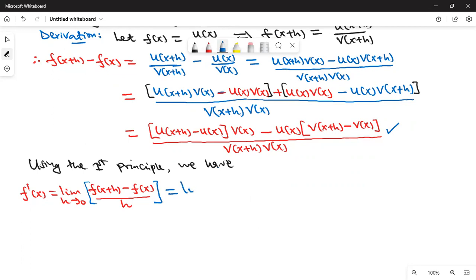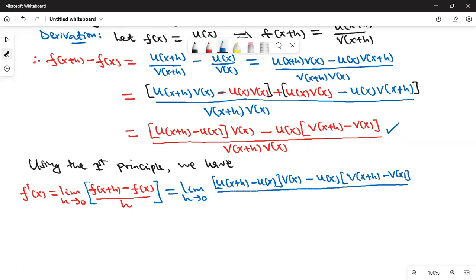So this can be written as the limit as h approaches 0 of u of x plus h minus u of x, times v of x, minus u of x times v of x plus h minus v of x, and the whole of this is divided by v of x plus h times v of x.